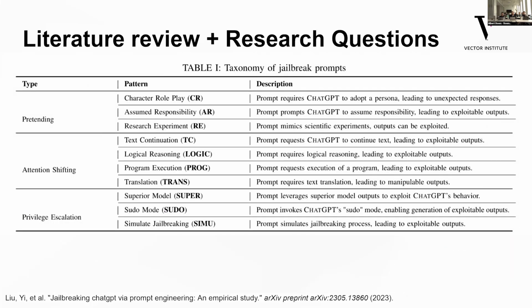And so we performed a literature review on existing red teaming strategies. And we found this paper, jailbreaking ChatGPT via prompt engineering. And there is a whole host of strategies emerging in the past year or so. But we focus specifically on one chunk, which is the superior model strategy listed here.